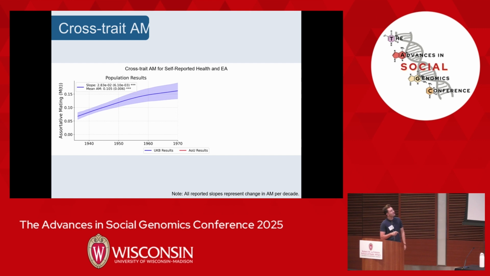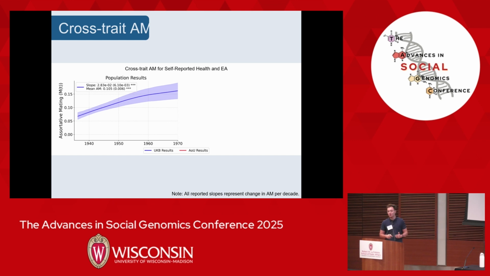As we can see, we have a pretty nice increasing trend for mate PGI correlation between self-reported health and educational attainment. We quantify that increase by running a linear regression through our assortative mating estimates, which are right here in dark blue.